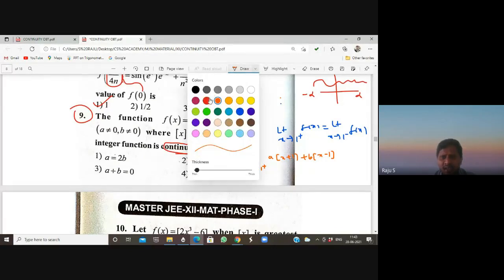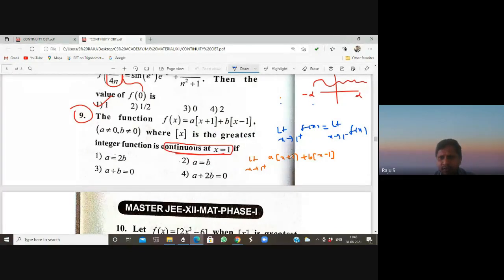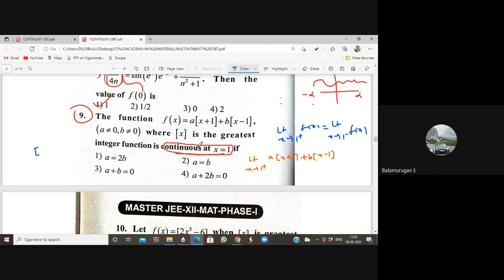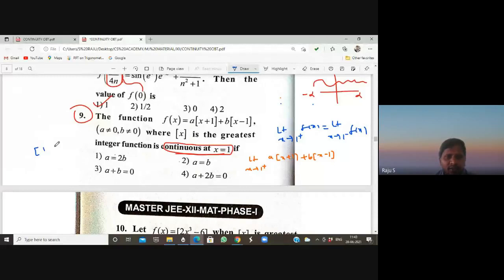Anyone can say, what is the greatest integer of 1 plus? Greatest integer of 1 plus is what? Substitute in place of x, 1 plus. What will happen? 1 plus 1 plus, a into [1 plus plus 1], b into [1 plus minus 1].